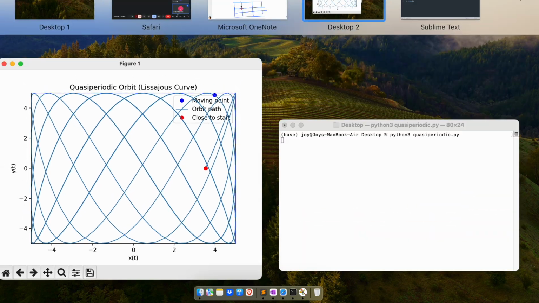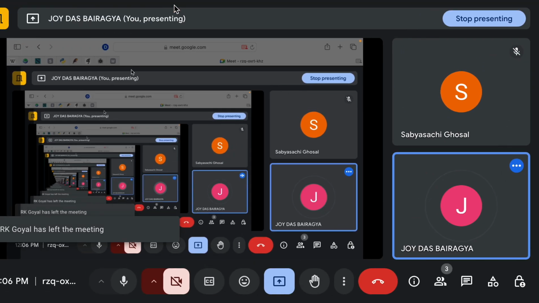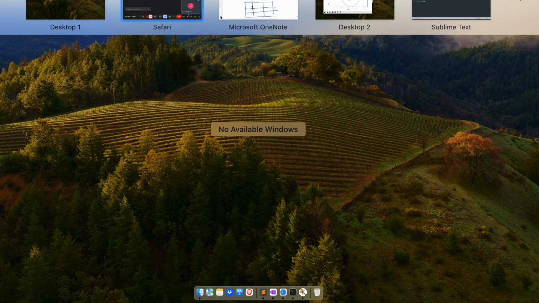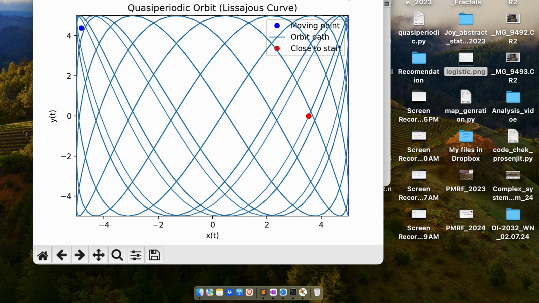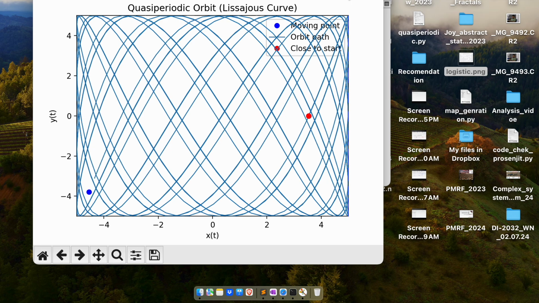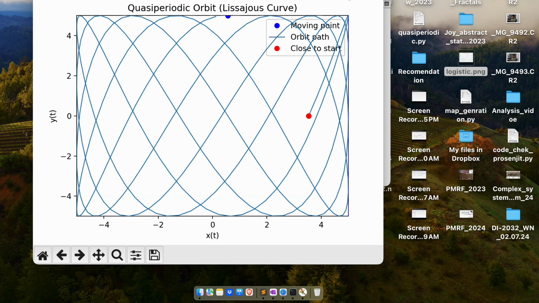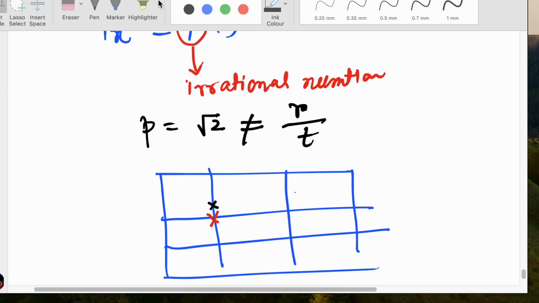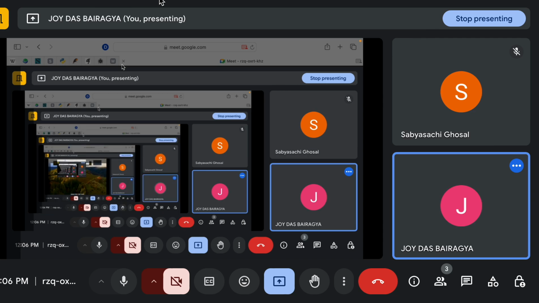Do you see the point that I am saying, that it is a space-filling curve? It can go through every point in the space like the chaotic orbit does, but it is not chaotic. That is the main thing I want to say here. That's why I said these many things. Is it clear, Subodhaji?